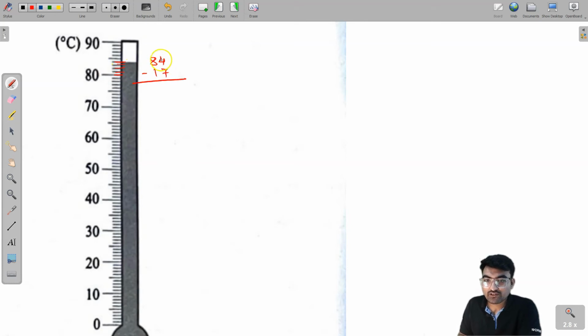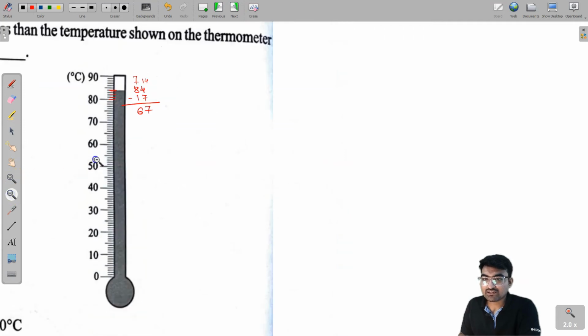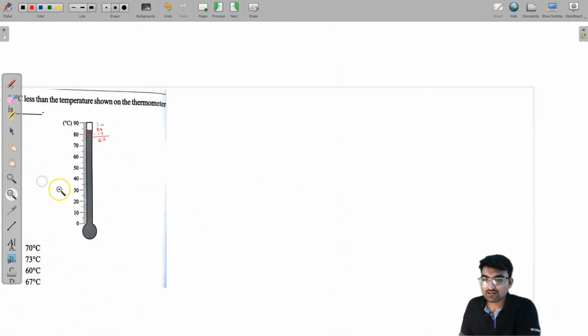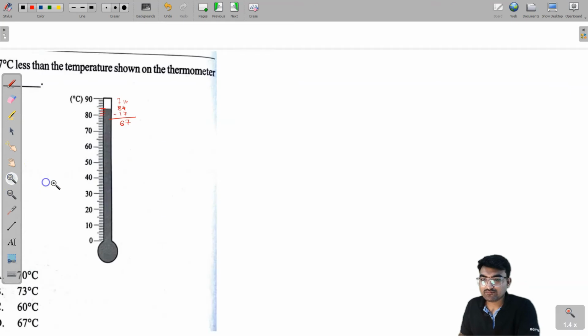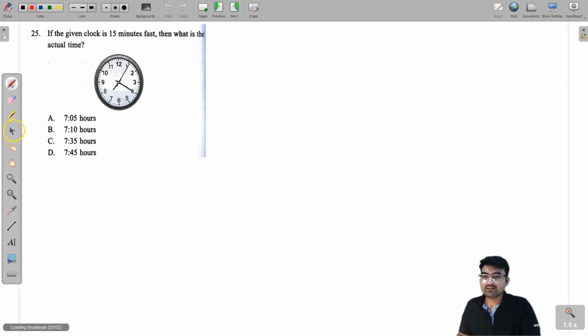So what will it be? 14, it will be 7, and 7 minus 1 is 6, so it should be 67. Okay, fine. It's option number D, right? The page got moved slightly, so option number D, it's 67, right?